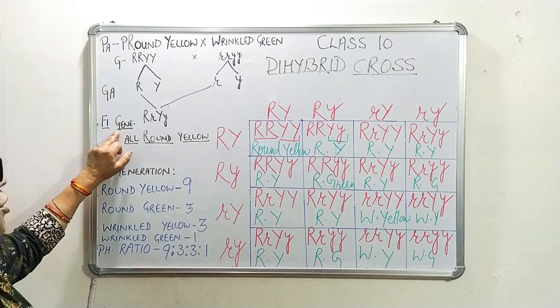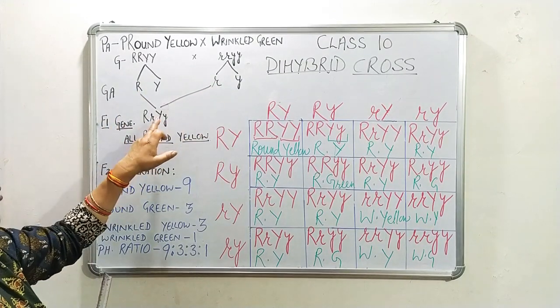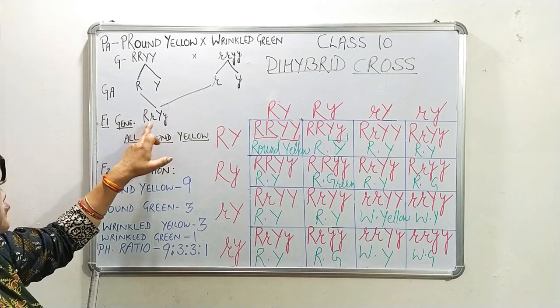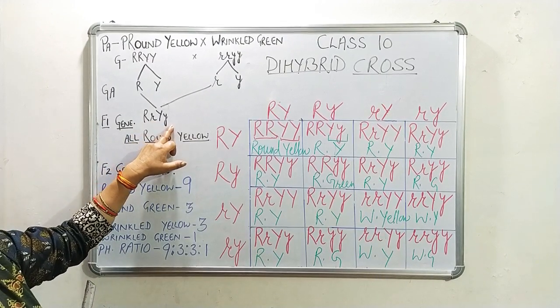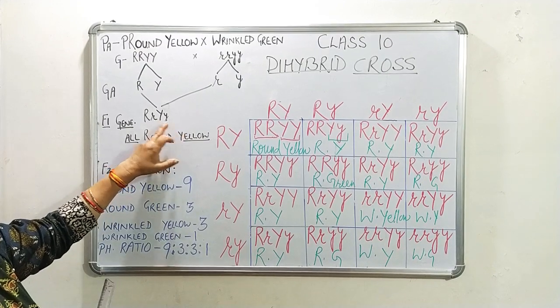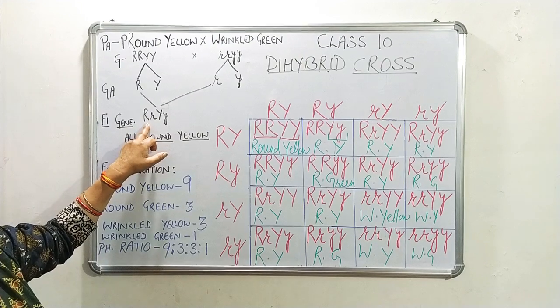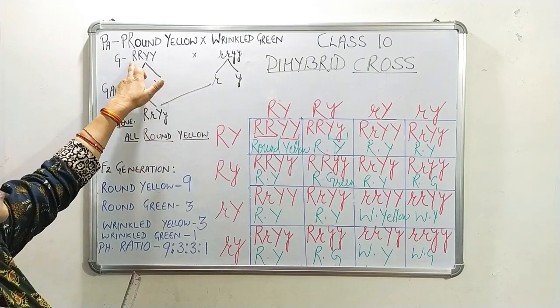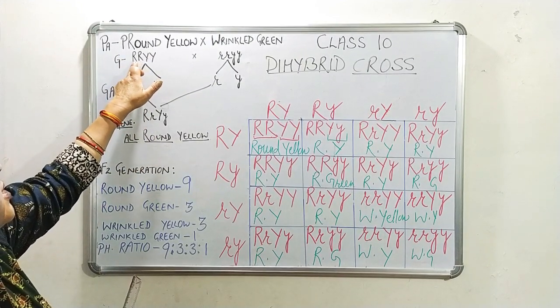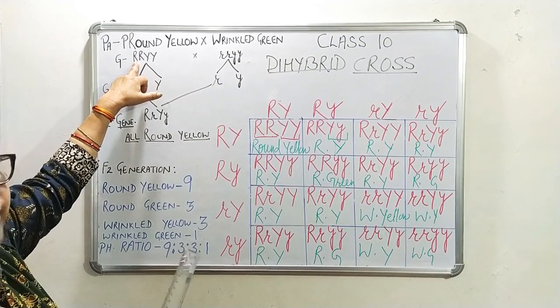In F1 generation, when these gametes fused together to form the progeny, you can see these are hybrids. Now two more terms can be explained from here. One is homozygous and the other is heterozygous. Homozygous is the condition when two factors of an individual are the same for one character.